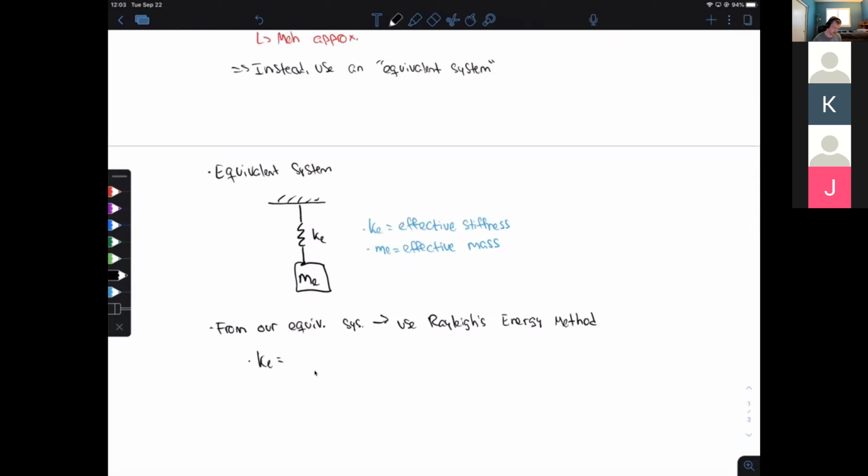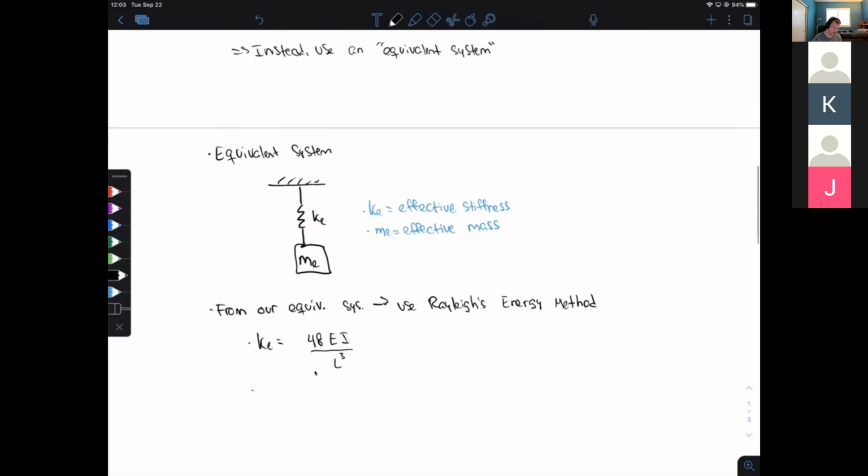That's going to be 48 times E sub I over L cubed. And then M sub E, that's going to be 0.4857 times M sub B. So let's define everything here.